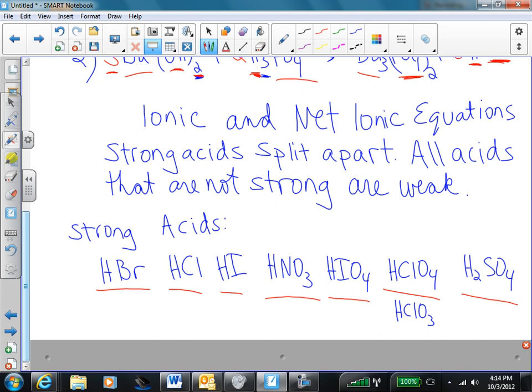We're just reading left to right. Hibber, hickel, high. Hono, hickel, low is the HIO4 and the HClO4, H2SO4. Now, in some places, you will also see that HClO3 is considered a strong acid. I'm not going to give you that one on any problems for any of our exams.